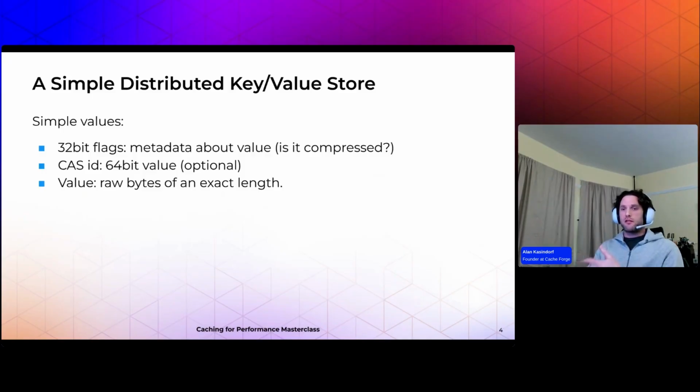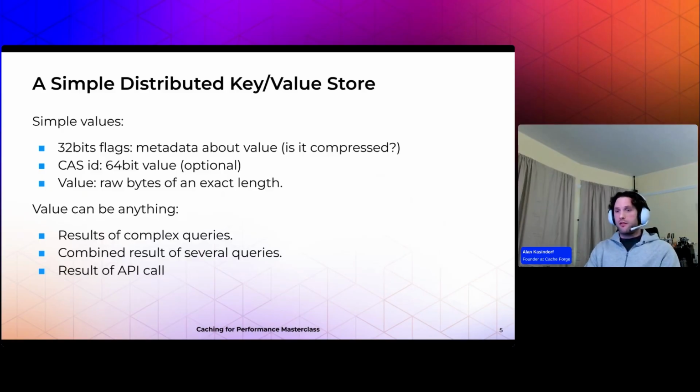So you can use this to describe via your client, like, is this blob that I just stored compressed? Is it encoded with Protobuf or MessagePack or JSON, and give your client a little extra hint when it's fetching the data back. Or if it is specialized data like a tombstone or that sort of thing. And then we have the 64-bit CAS ID, and as I said, the raw value.